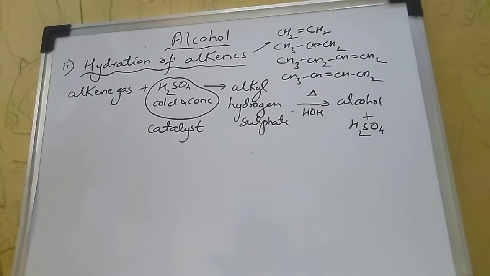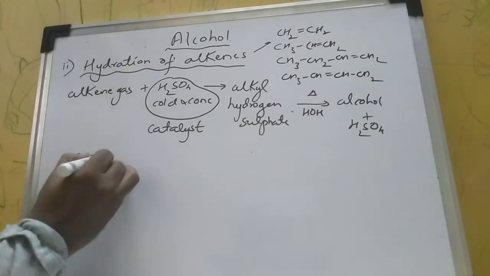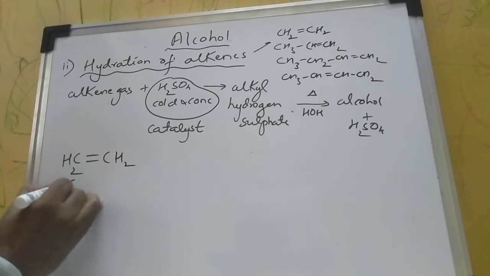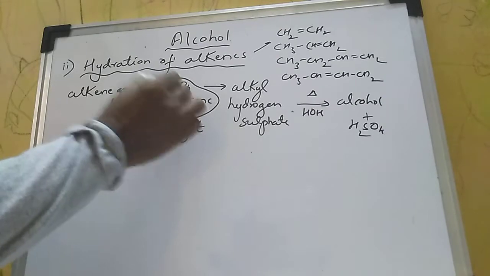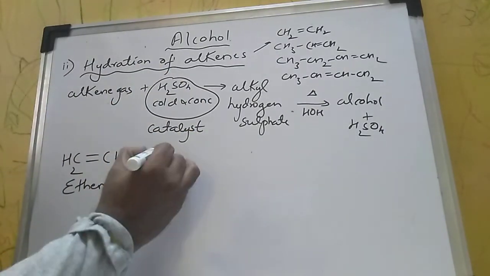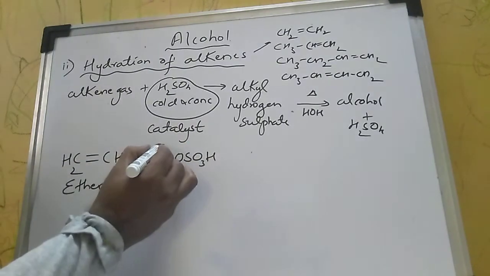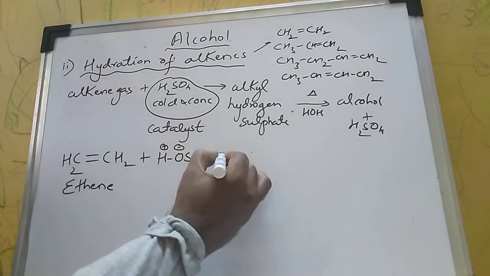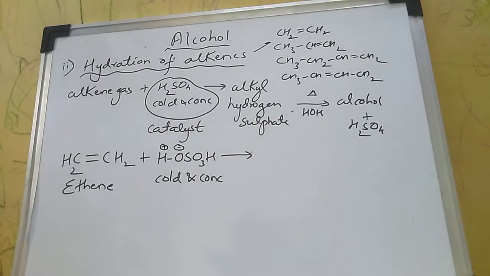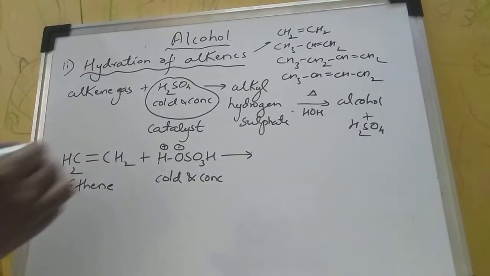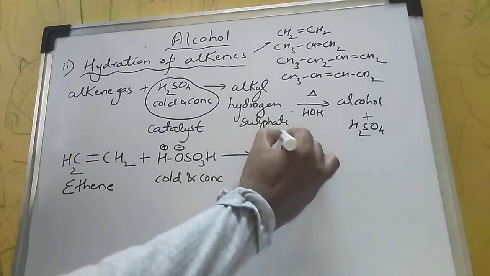Now let us see the reaction. First we'll start with ethene. So the ethene gas is passed in this cold and concentrated sulfuric acid. Let's split the formula of sulfuric acid. So here H is positive, O is negative. Here the ethene's double bond opens out like this.